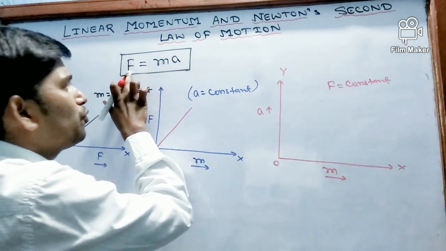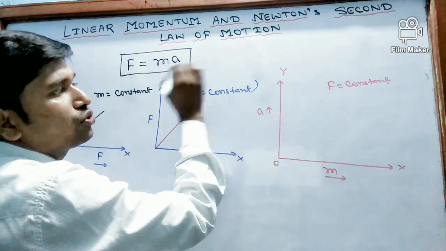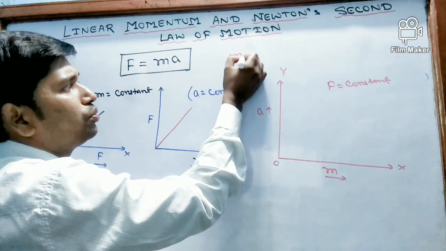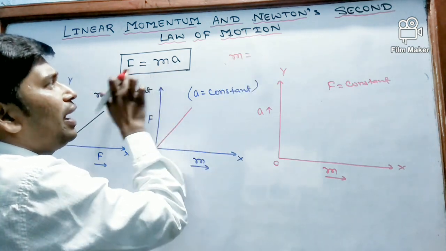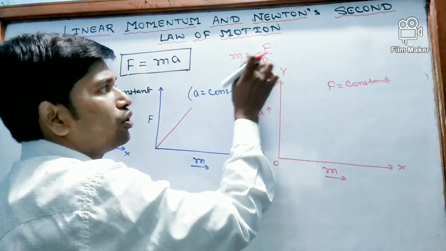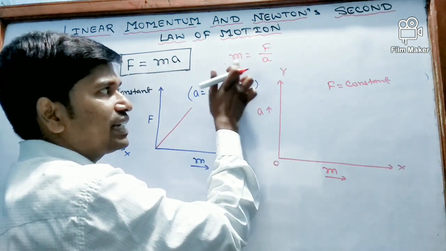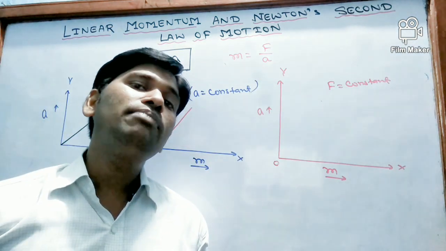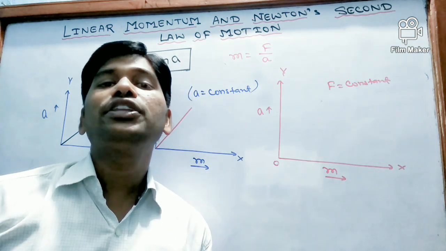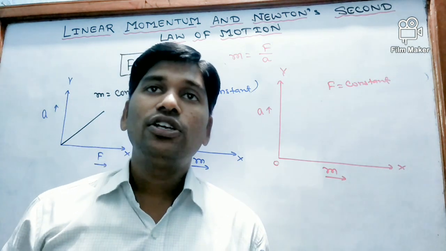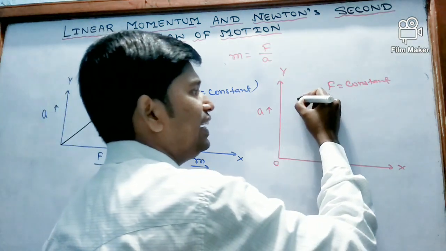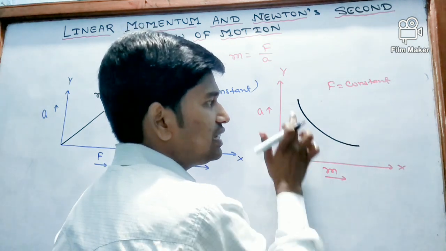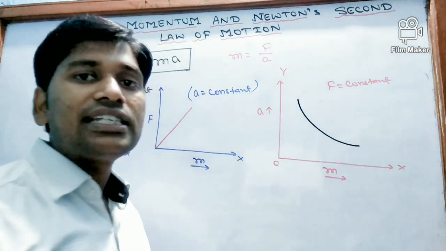So look at this, force is equal to mass into acceleration, so we can write m equals F by a. Keeping force constant, mass and acceleration vary inversely, meaning if the mass is more, the acceleration produced by the force will be less. So we can get a graph like this. It means as the mass is increasing, acceleration is decreasing.